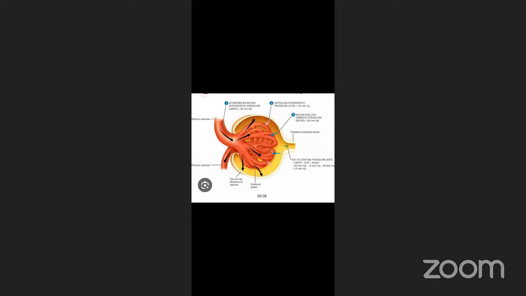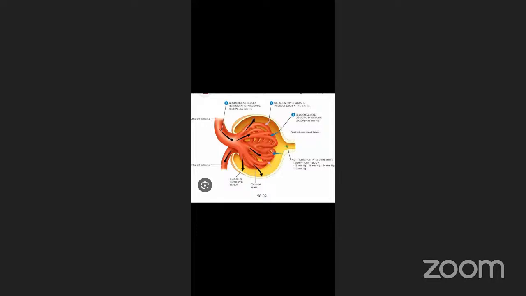Any substance with smaller sized molecules is filtered out, and this includes glucose, amino acids, vitamins, mineral salts, water, and urea. Jeremy there puts it clearly: small size substances, e.g. water, urea, glucose, mineral salts, and amino acids.